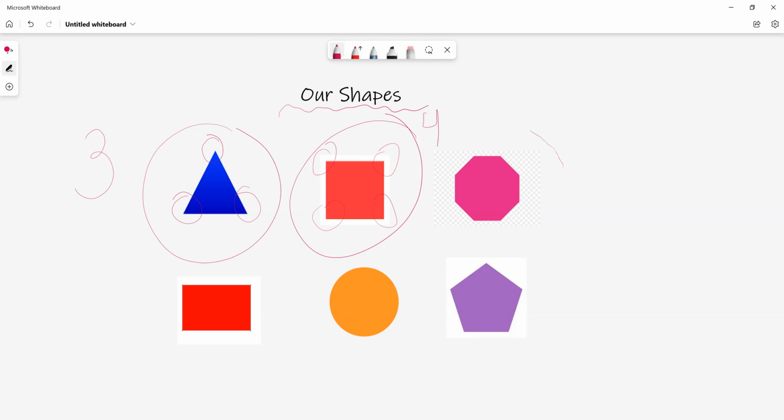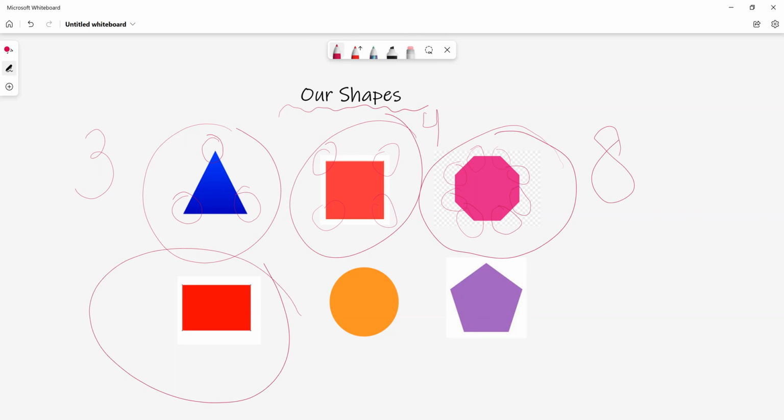Okay. How about our octagon? How many sides does our octagon have? 1, 2, 3, 4, 5, 6, 7, 8. 8 sides. How about our rectangle? 1, 2, 3, 4. 4 sides.